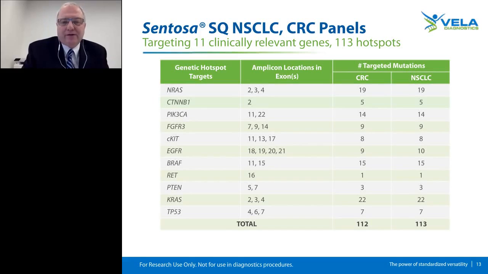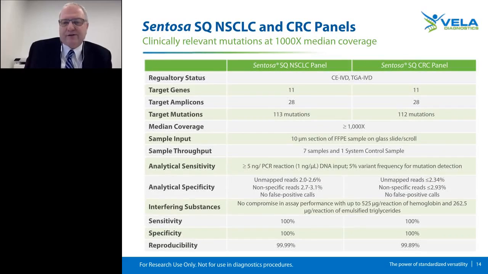So the panel that was used on this system was our colorectal cancer panel, which is targeting 11 clinically relevant genes in 113 hotspots. So when you're monitoring, say, a disease or a known affliction, using one of the smaller cancer hotspot panels is very prevalent amongst our customer base. So this is a smaller panel for CRC or even the smaller panel for NSCLC.